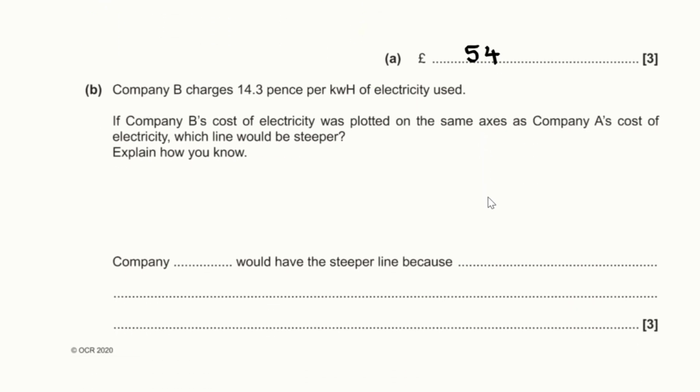Next, Company B charges 14.3 pence per kilowatt hour of electricity used. If Company B's cost of electricity was plotted on the same axis as Company A's cost of electricity, which line would be steeper? Explain how you know.